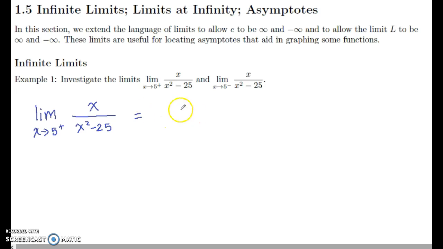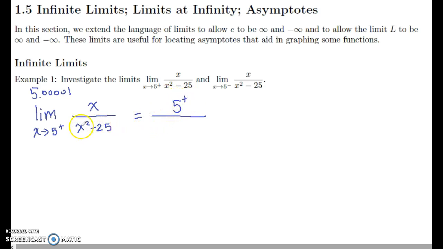Now what you will be able to do is plug in a number like 5.00001 and take a look. But for me, I will demonstrate by plugging in 5 plus. So this number x is 5, a little bit more than 5.